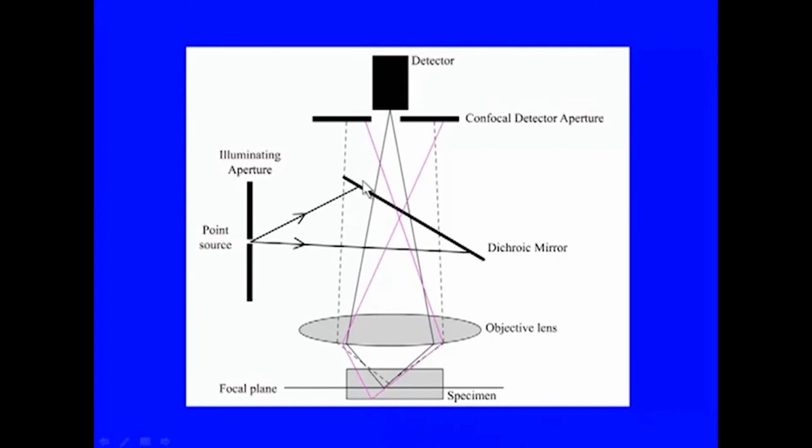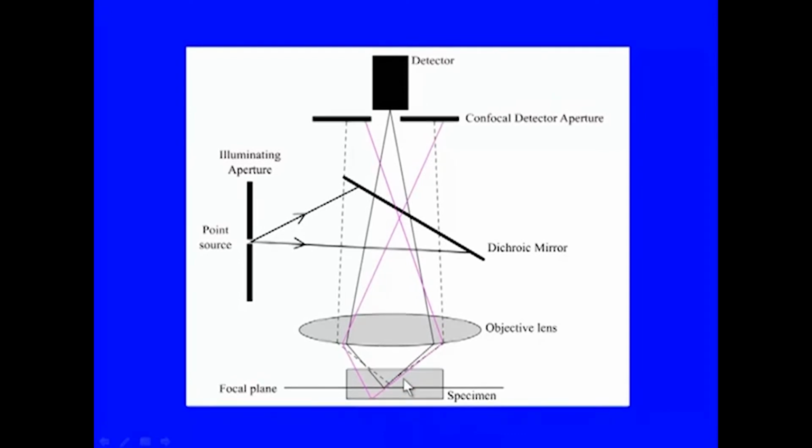These lasers are then focused through the objective lens onto the specimen. The difference here is that rather than illuminating the whole specimen, it is focused onto a particular point in the specimen, and there it scans in a rectangular fashion at different depths.